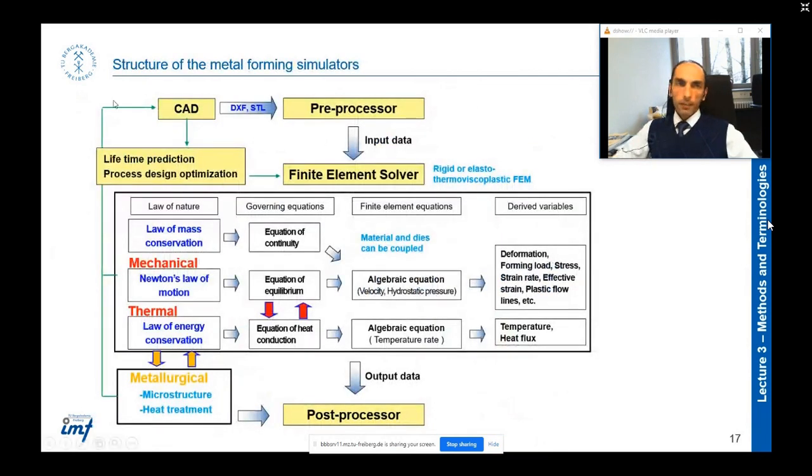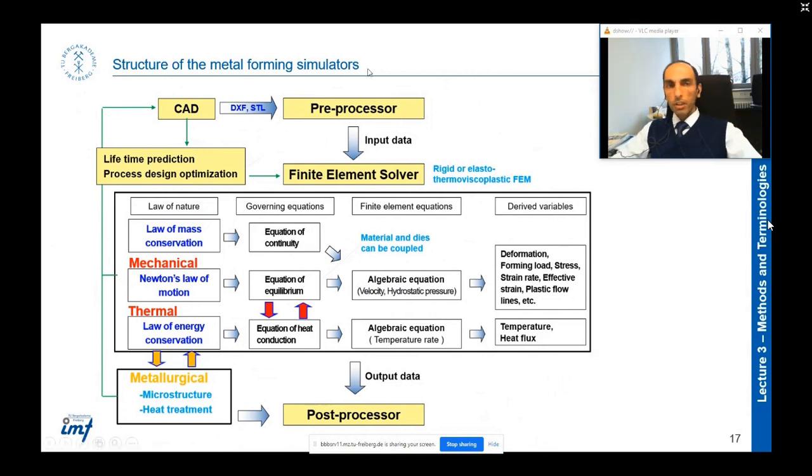Here we have a glance at the structure of metal forming simulators. As a user of a metal forming simulator, first you should computerize your design in CAD software.